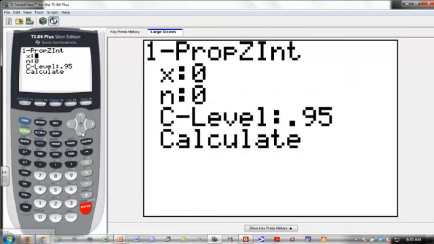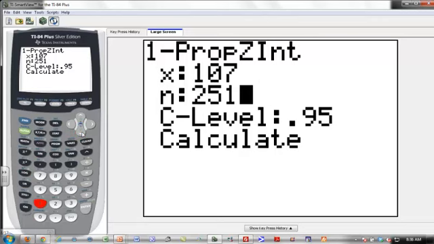It's a fill in the blank. Let me fill in the blanks for you. X, how many successes did we have? What was it? 107 successes. Out of how many trials?